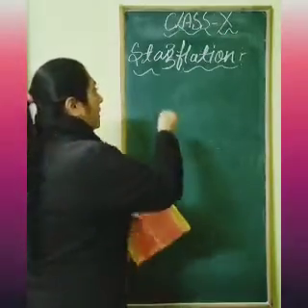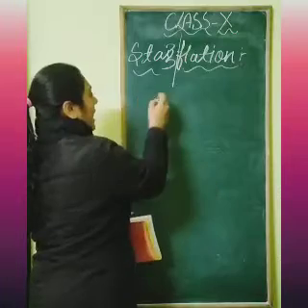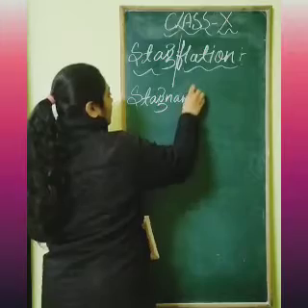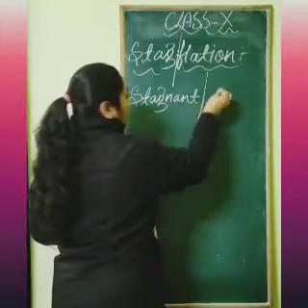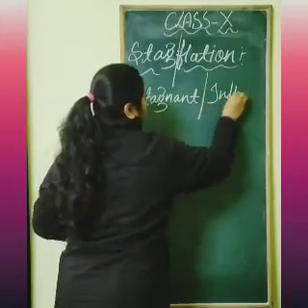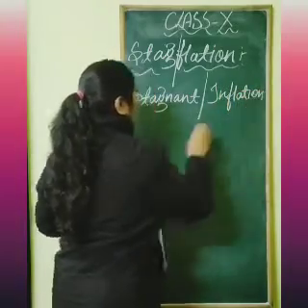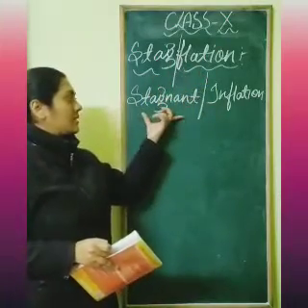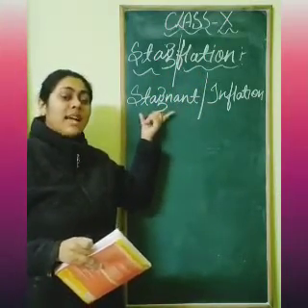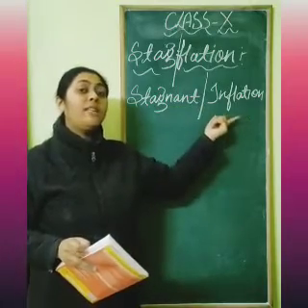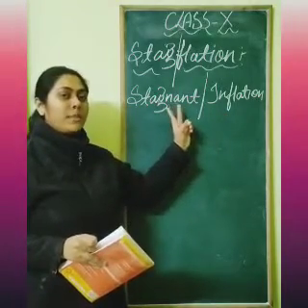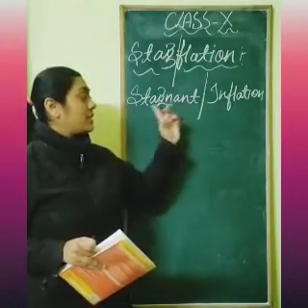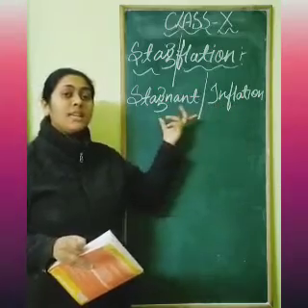If I break these two words, one part has come from the word stagnant, and the other from the word inflation. Combining the first half of one word and the second half of the other, stagnant and inflation, that is stagflation.